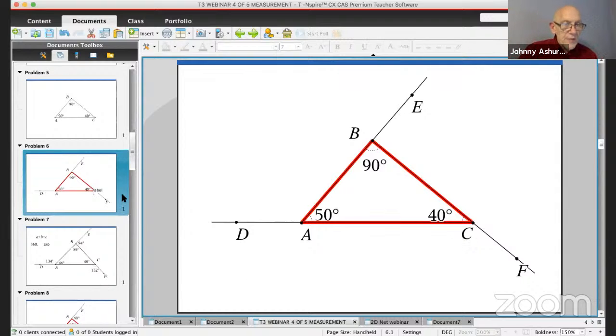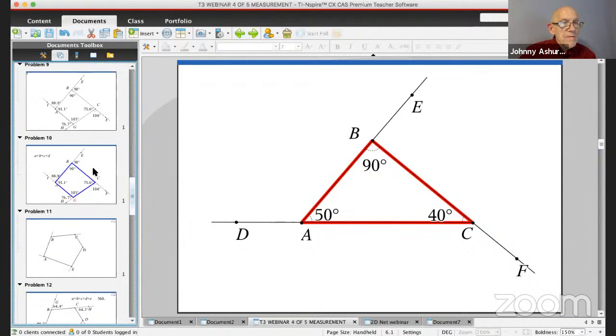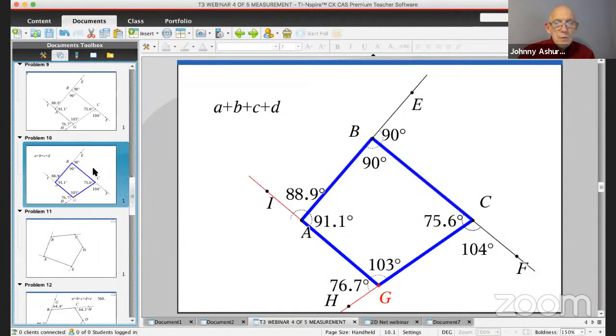So let's look ahead and briefly, what about this 4-sided figure? This quadrilateral, and I've already measured the angles inside and the angles that are exterior, meaning the angle is created at that vertex from this side and the extension of the other side.